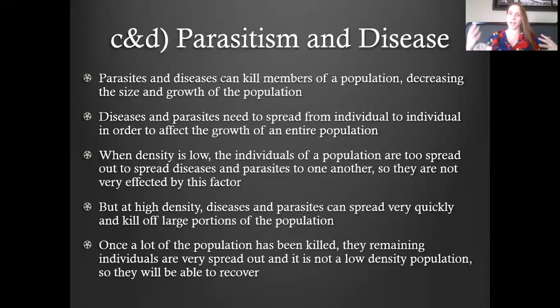It's why right now, while we have a global pandemic going on, everyone is being asked to self-isolate or stay 6 feet apart and stuff like that. The more spread out you are, the harder it is for disease to spread. The more high density or the closer together you are, the more easily disease can spread. That's why they closed schools, because those are very high density places.